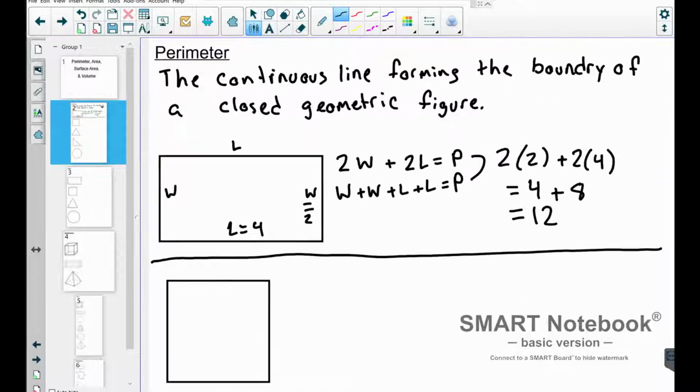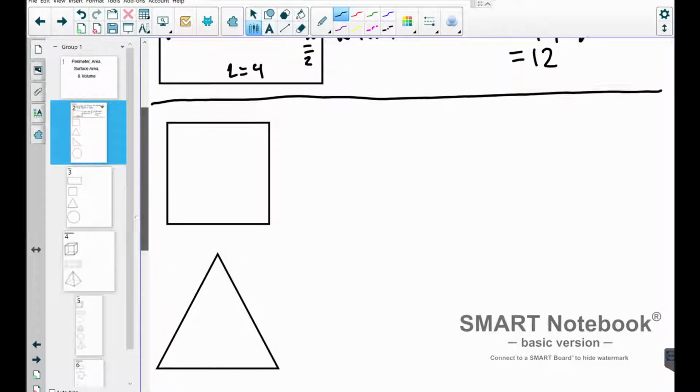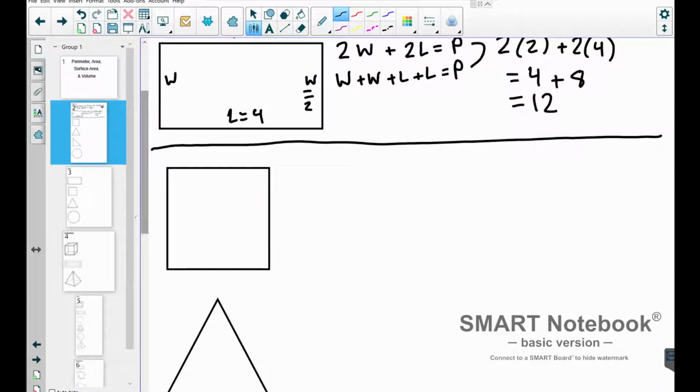Maybe the next example will be a little bit similar, or a little bit simpler, I should say. But we're going to be looking at a square. So the square really just shares the same formula, where this is the length, this is the width. But really, with a square, all sides are equal. So you could really just say, well, 4 times the length or 4 times the width.